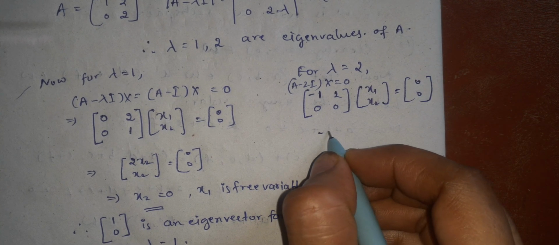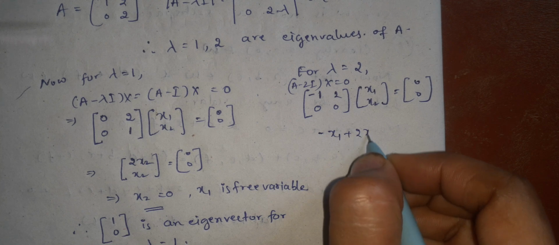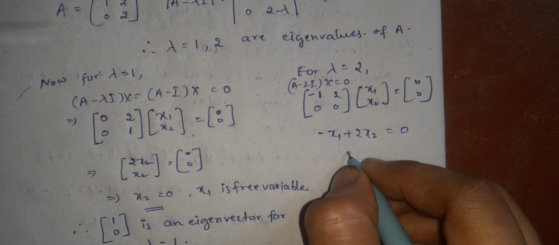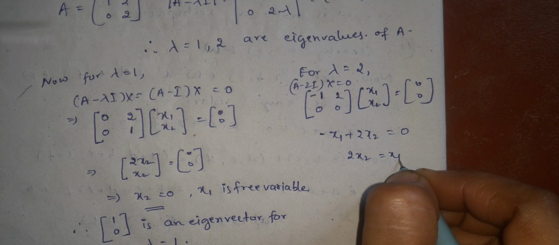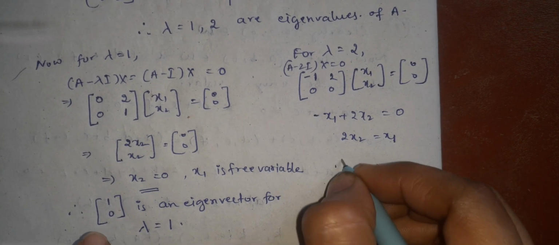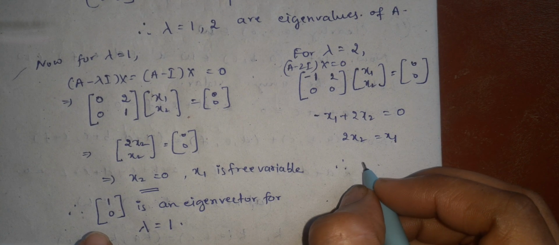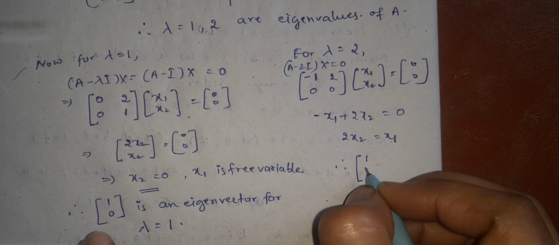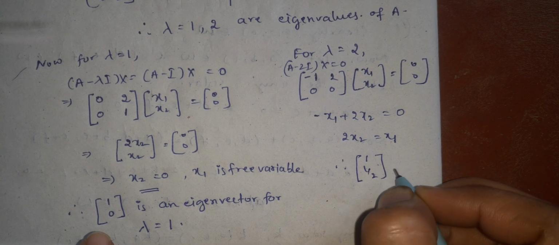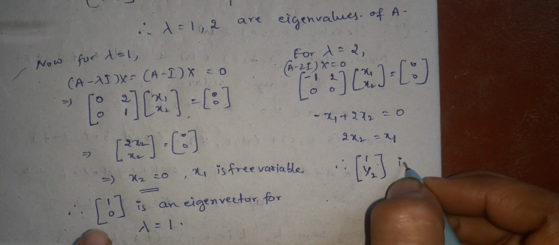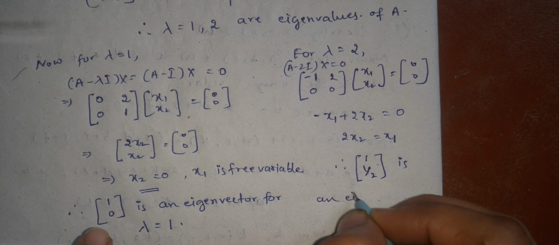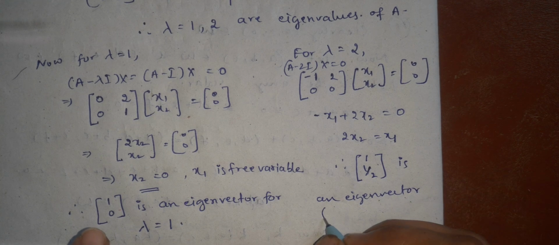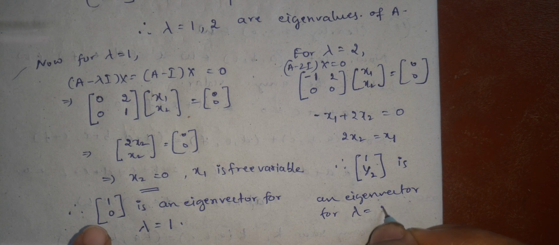It is minus x1 plus 2x2 is equal to 0, or 2x2 is equal to x1. Therefore, column vector (1, 1/2) is an eigenvector for lambda equal to 2.